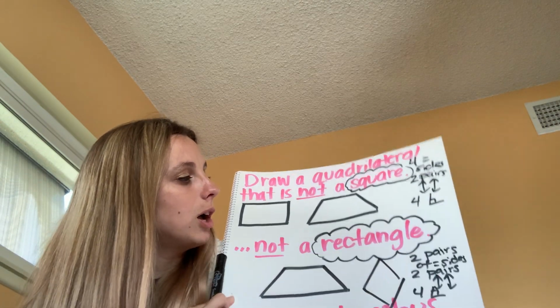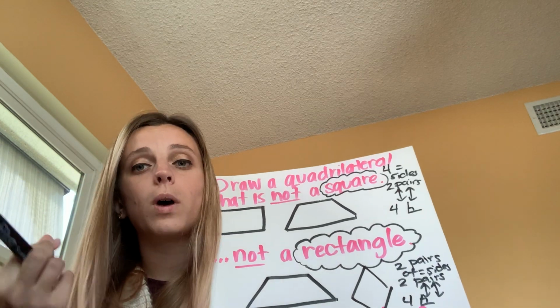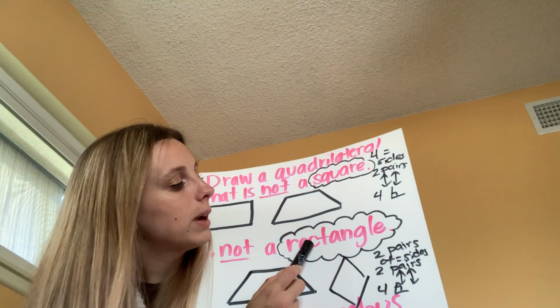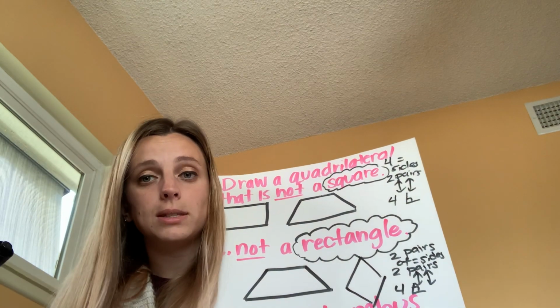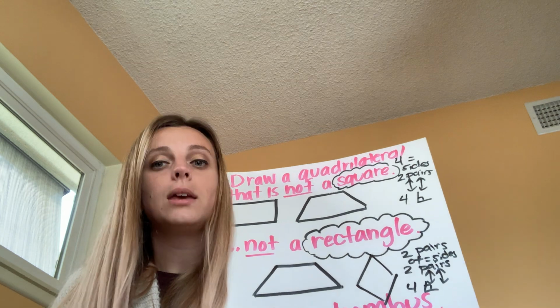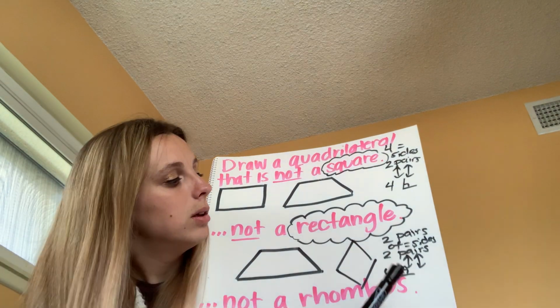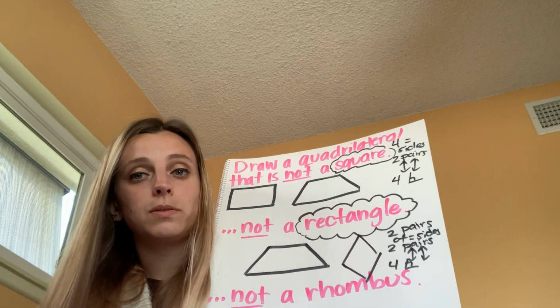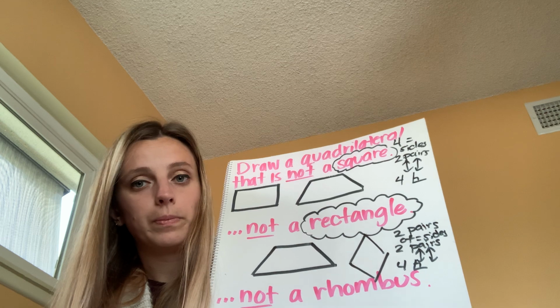Next, I have to draw a shape that is not a rectangle. Again, I'm going to pause and think, what makes a rectangle? Well, a rectangle has 2 pairs of equal sides. That means the opposite side, the parallel side, is always going to be the same length as the side that you're starting with or talking about. Next, it has 2 pairs of parallel lines like a square, and it has 4 right angles.